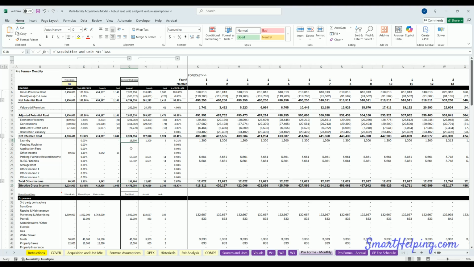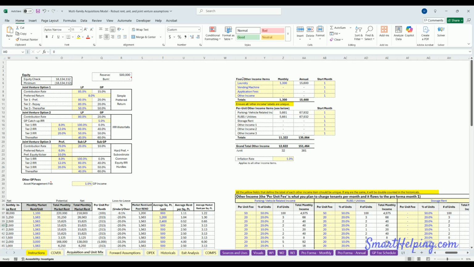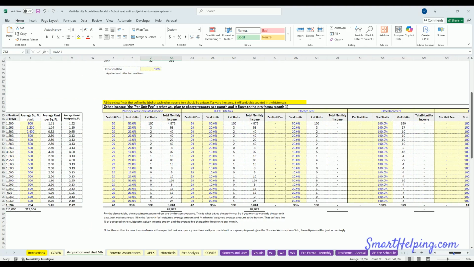We'll also have other income items, which is just going to be driven from our other income section on the main assumptions tab here. We've got some fixed and some per unit revenue items you can configure. You can also, in this section here, is driven by all of these granular inputs for the different unit types.